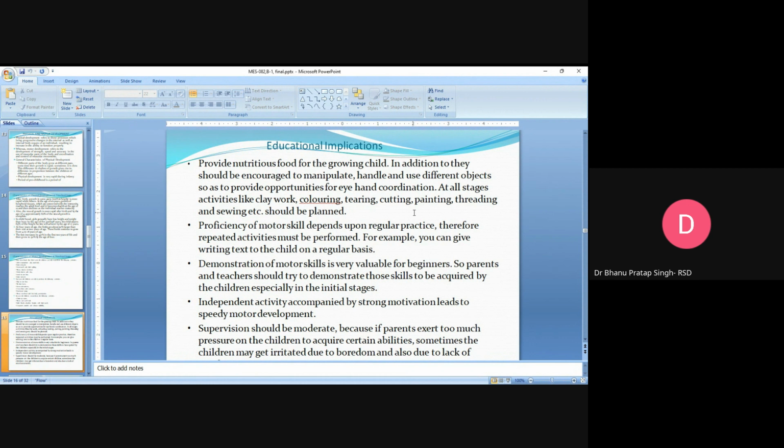So this is why it is important to understand growth and human development. Proficiency of motor skill depends upon regular practice. Therefore, repeated activity must be performed. For example, you can give writing text to the child on a regular basis, and by using that, their writing will improve. Means their motor skill will be developed.